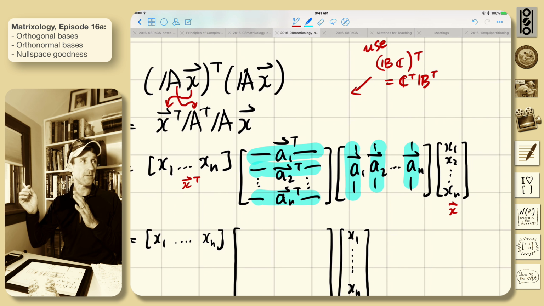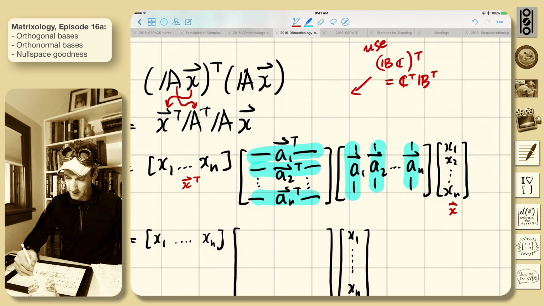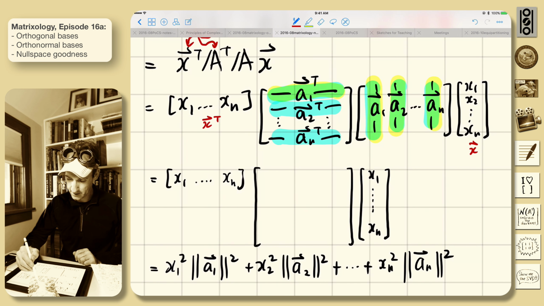And now just think of matrix multiplication, right? So it's all these inner products. So if you take A1 and then dot it with itself, that's okay. That's going to have the length squared. But dotted with any of these others is 0, right? And that's going to work out here. I'll leave all those things.